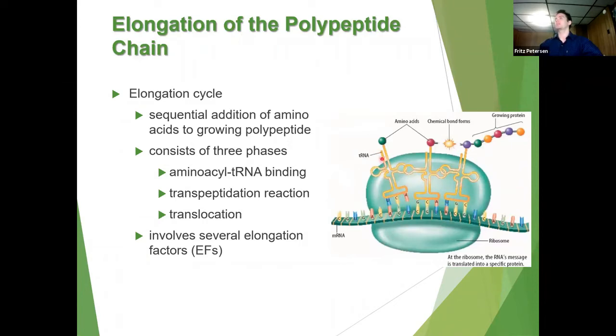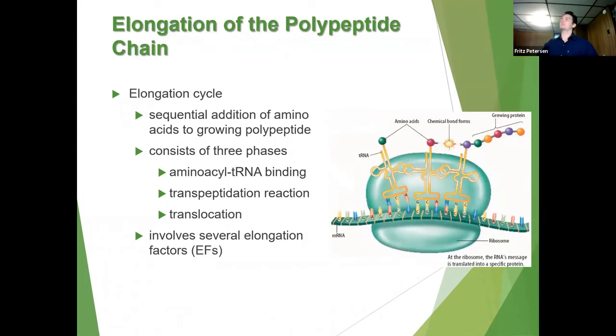So the A site involves the recruitment of your tRNA with your amino acid. Your P site is where this amino acid forms a polypeptide bond with the existing chain, that's the growing protein or the growing polypeptide, and then your E site is where your tRNA will be expelled once it's deposited its amino acid, essentially.